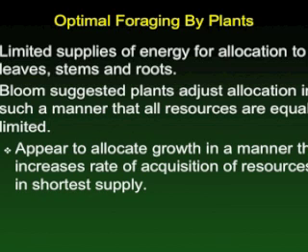If you look at the size of leaves of plants in the lower part of a forest compared to the size of the leaves of the trees that are up in the upper canopy, you can really see this. It's a good example of this optimal foraging theory in plants.